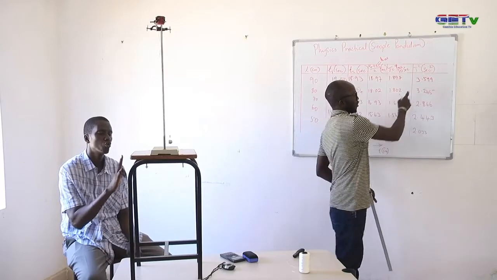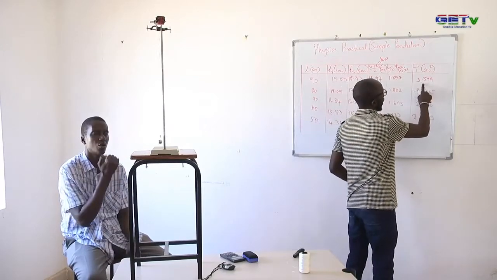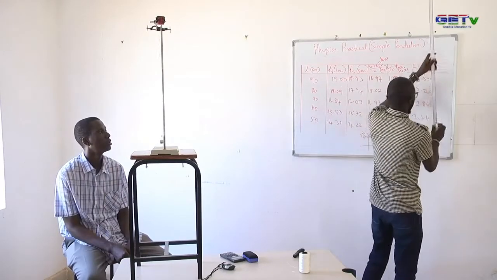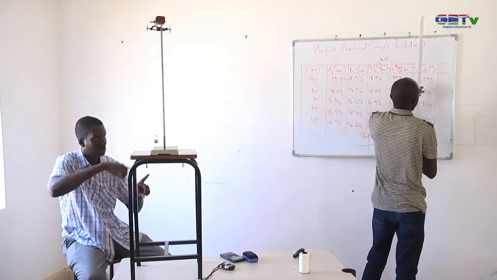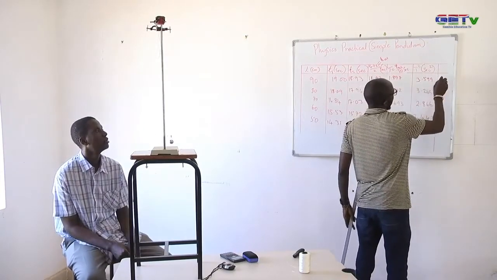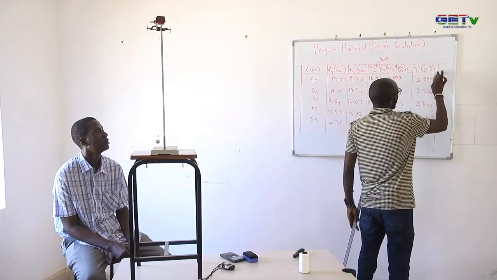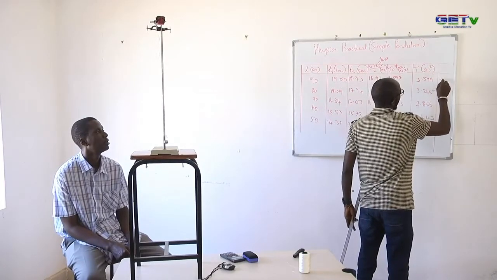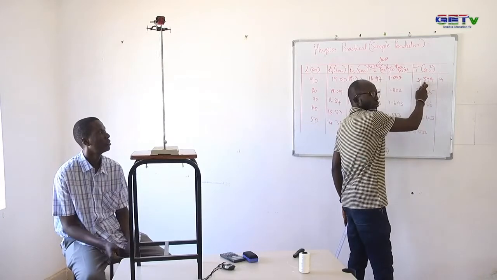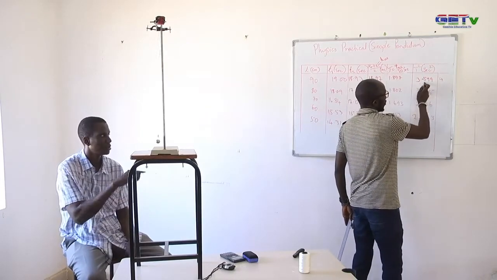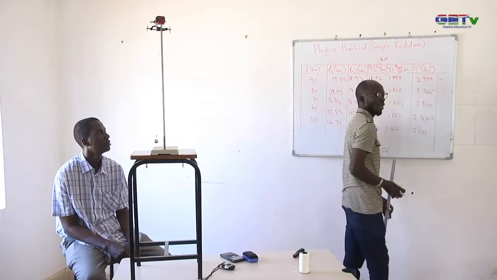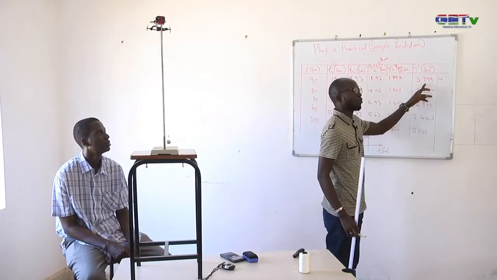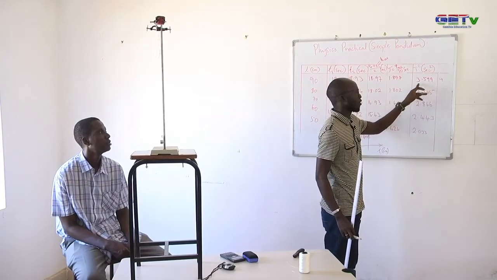How do you convert this? It's simple. You look at these values here. You can easily convert this to give you 4. Look at the first decimal that comes after the whole number.